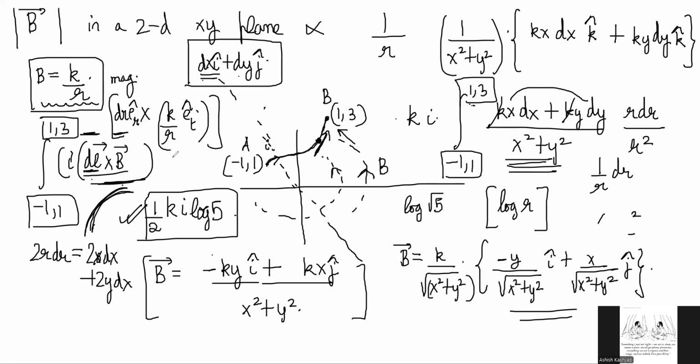Directly, you would have gotten k by r dr, since e_r cross e_theta is 1. These are perpendicular unit vectors. From here, you'll get the answer directly in two steps. But you have to be aware of that. If not, you can always do x and y just like we did and you'll get the answer. Okay, that's all for now.